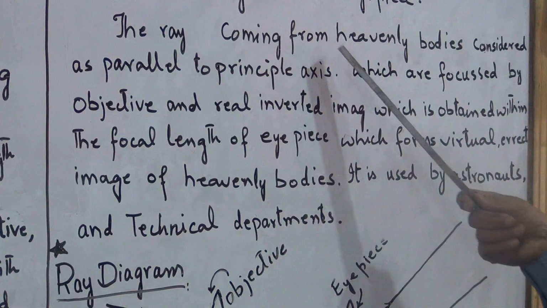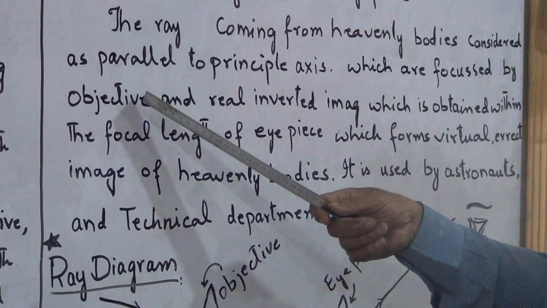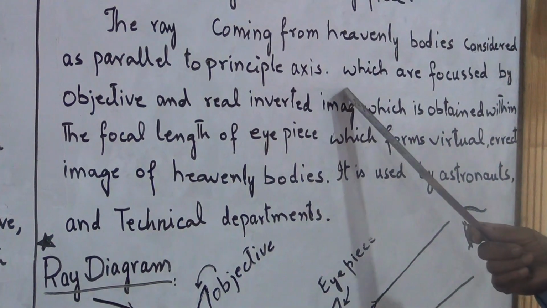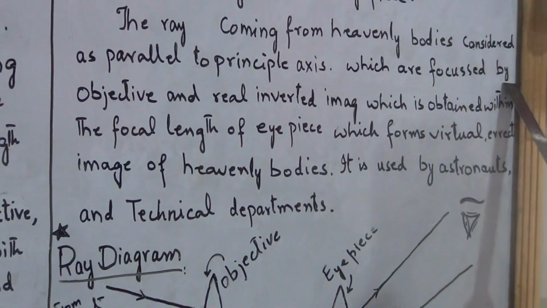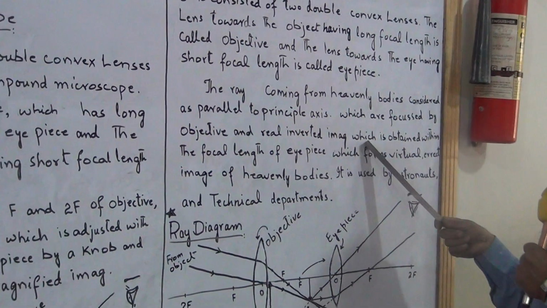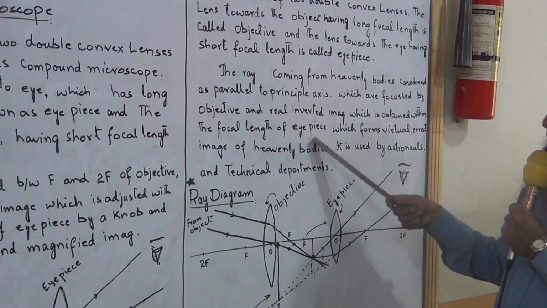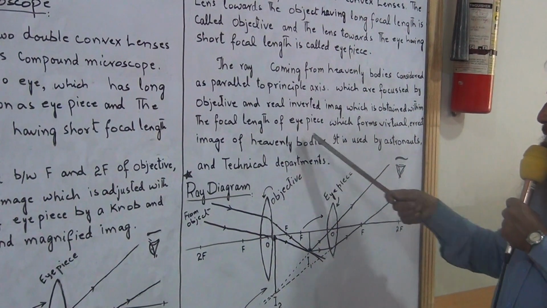The rays coming from infinity, therefore, we consider parallel to the principal axis, and they are focused by the objective, giving a real inverted image within the focal length of the eyepiece.